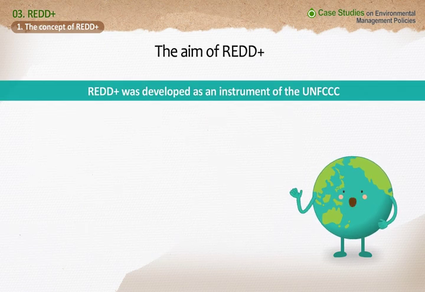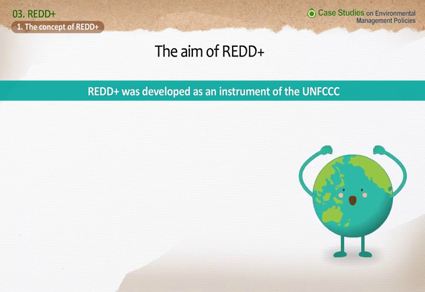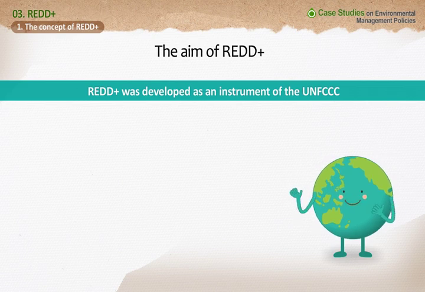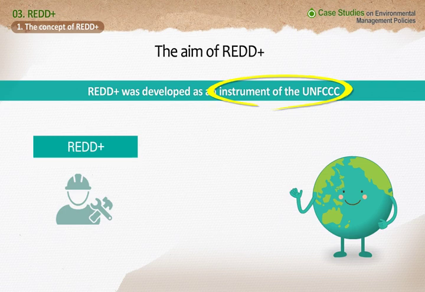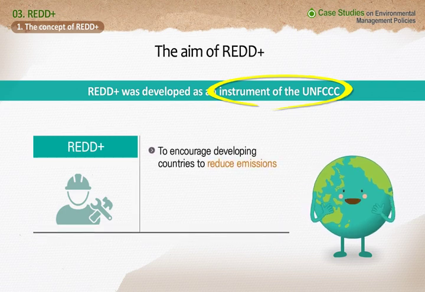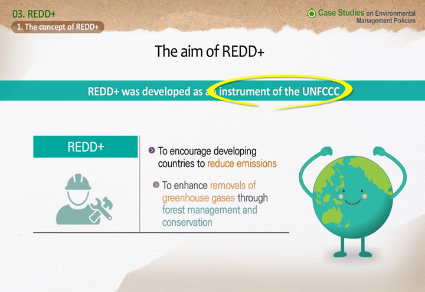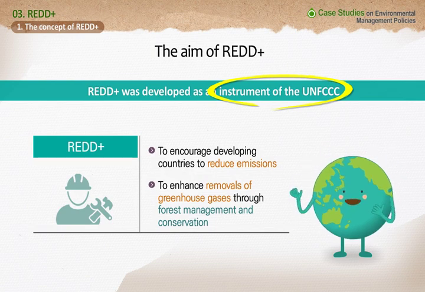To understand this aim, we need to understand that REDD+ was developed as an instrument of the UNFCCC. Therefore, REDD+ is a vehicle to encourage developing countries to reduce emissions and enhance the removal of greenhouse gases through forest management and conservation.